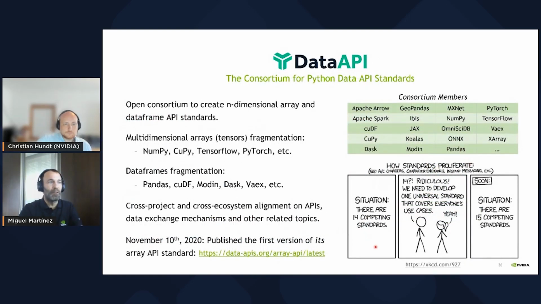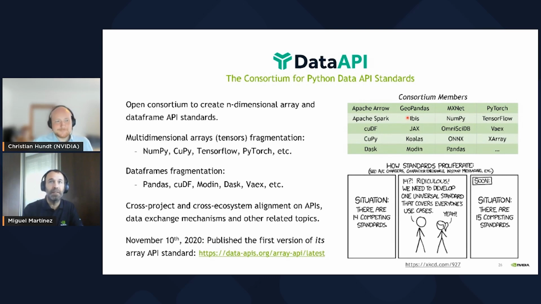We have 14 standards. Let's create a 15th standard. So that is the data API, but the reality is that it is doing really well. It is a consortium of members of the industry. We have people from CuPy, from TensorFlow, from PyTorch, from NVIDIA, many different players trying to create a standard.